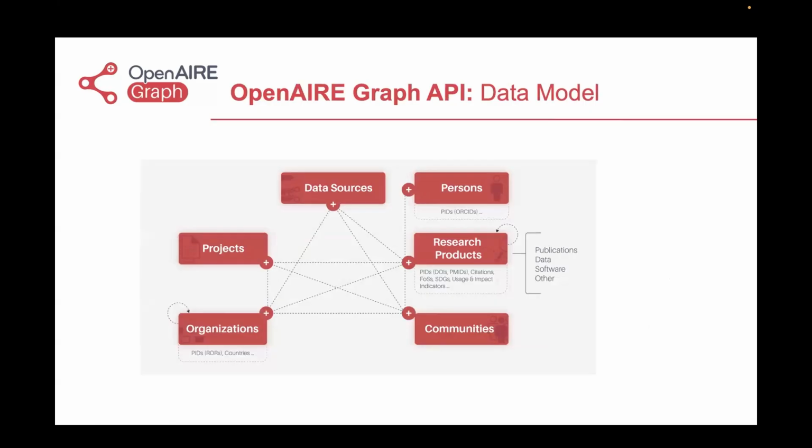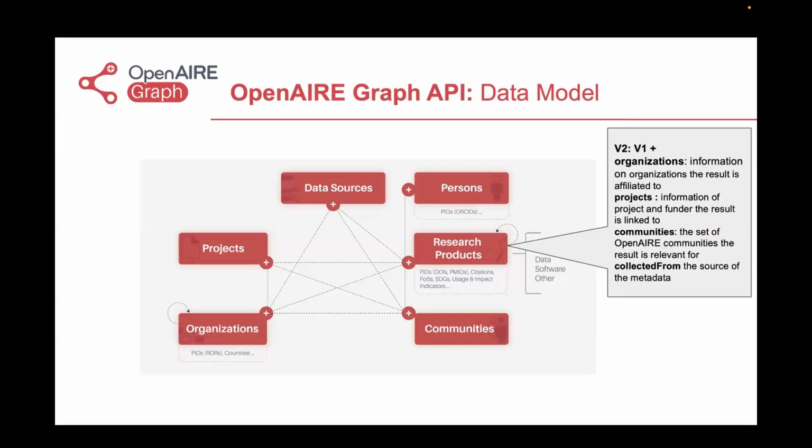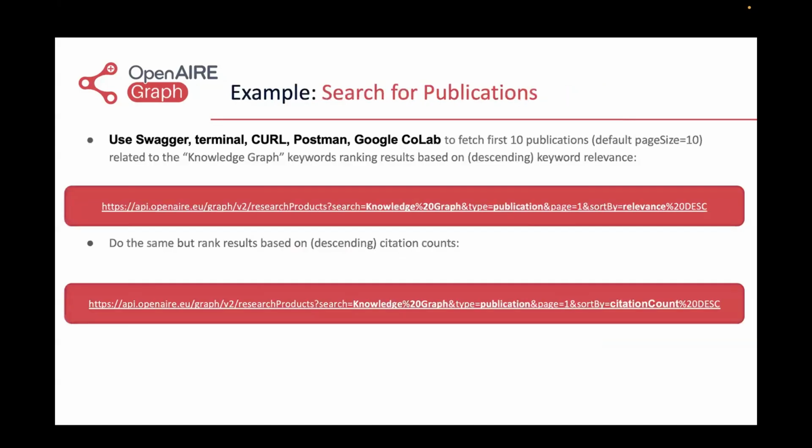All the other elements are entities, and you see they are all interconnected. So version 1, as I said before, shows descriptive metadata of the research product, while version 2 extends version 1 by including also other, according to us, relevant information. Okay, great.